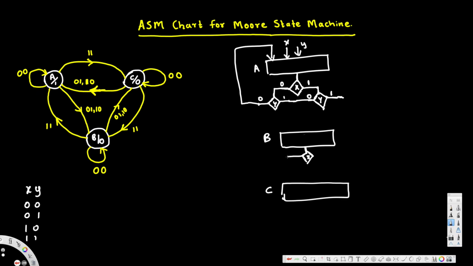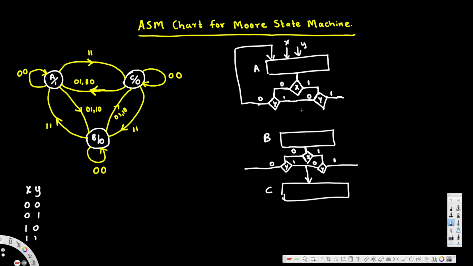X, Y, and then Y, this is 0 1 0 1, this is 0 1 here, this one connected like this.